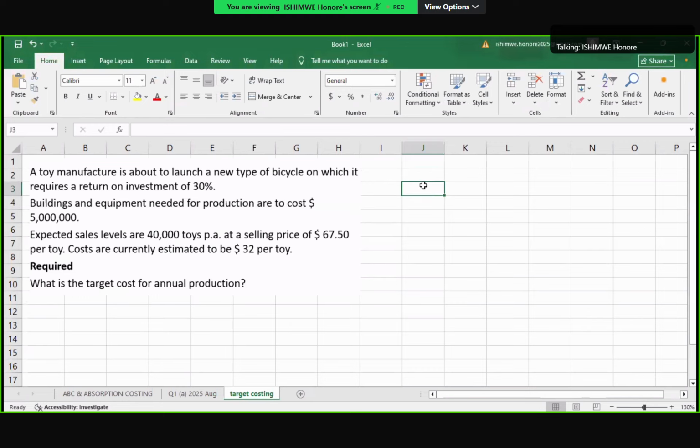But when you look at the question, you try to understand what is required of you. Of course, you have read the question. They say determine target cost for annual production. That is your objective.